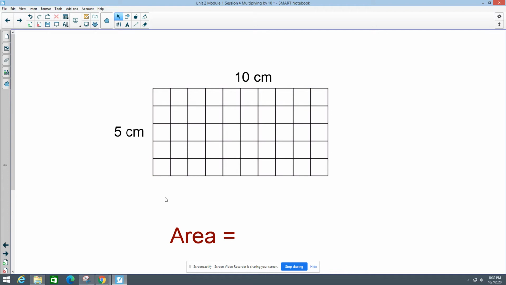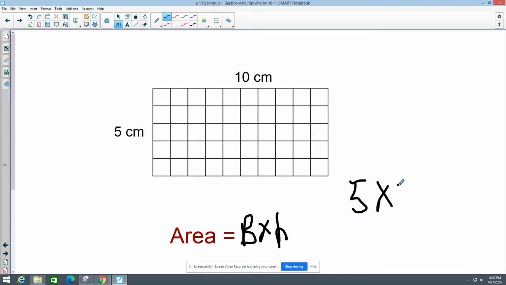So 5 for here times 10 is your area. So another way to think about that is 5 rows of 10. 5 rows of 10. So the area is base times height, or height times base. So that's 5 rows of 10. So we got 50.